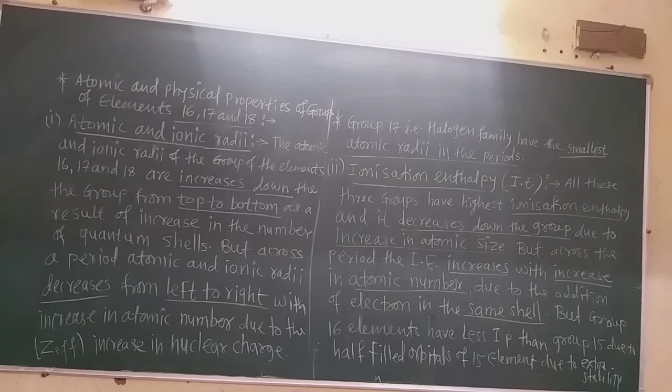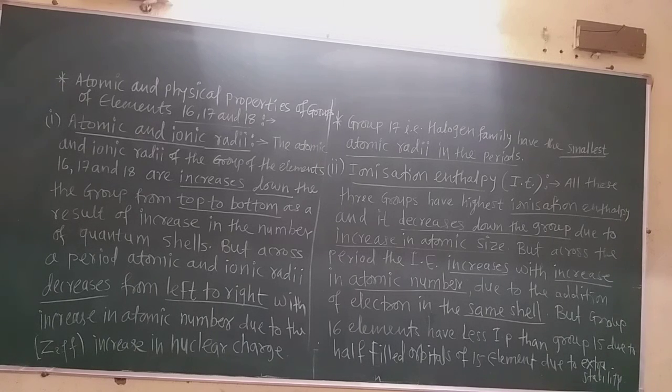Now the first property is the atomic and ionic radii. In 11th standard we already know that the atomic and ionic radii increase in the group from top to bottom. As the atomic number increases, new shells are added, and due to these new shells there is an increase in size of the atom and ionic radii from top to bottom.